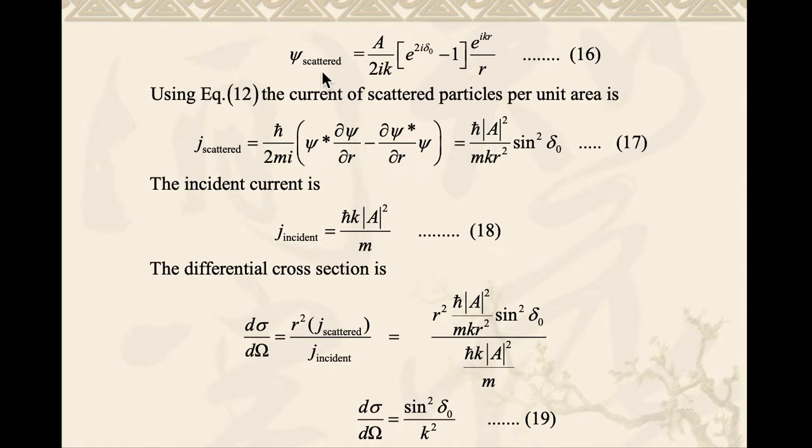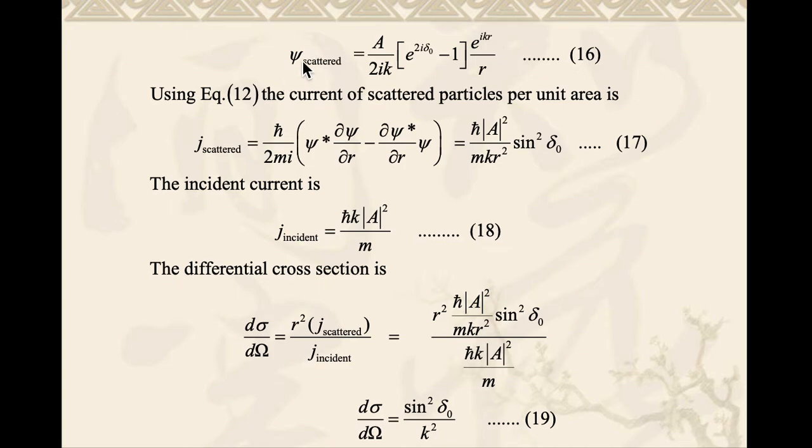To solve this, substitute psi and psi star, where psi stands for psi scattered and psi star is the complex conjugate, so you change i to minus i.